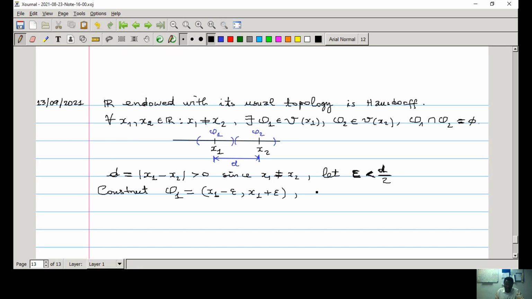And similarly, O2 is the interval x2 minus epsilon, x2 plus epsilon. So for this choice, I'm good.